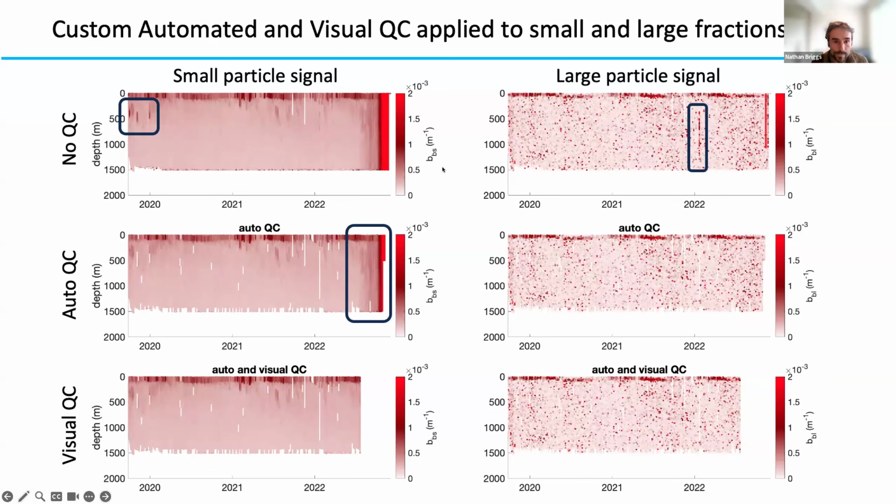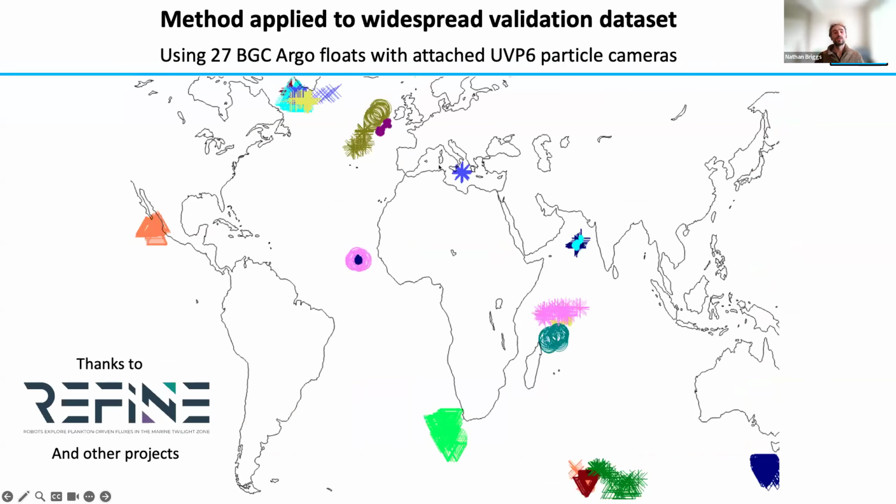Okay, once we've done this QC and we're convinced that most of the spikes that are left are due to actual particle encounters in the ocean rather than fouling, we can then validate these particle concentrations at different sizes using floats that are equipped with particle cameras.